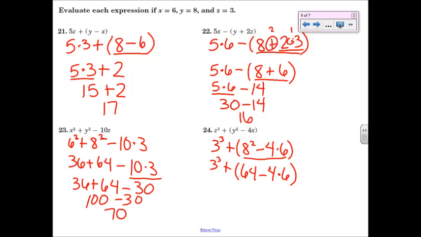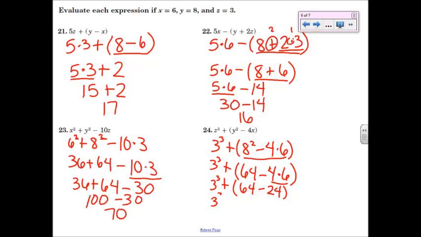Then inside the parentheses, my next step would be 4 times 6. So still outside, I have 3 cubed plus 64 minus 4 times 6 is 24. 64 minus 24 in the parentheses is next, and that is 40.